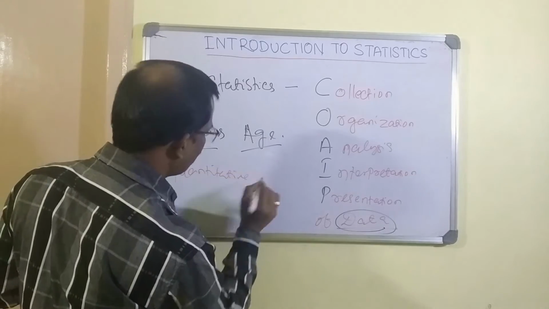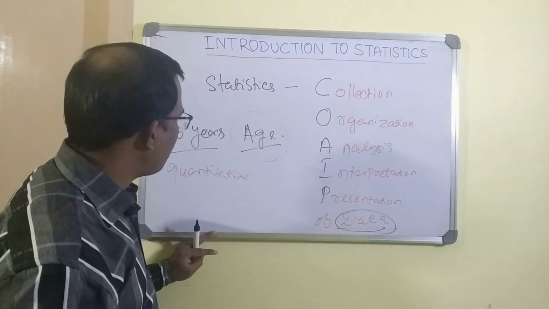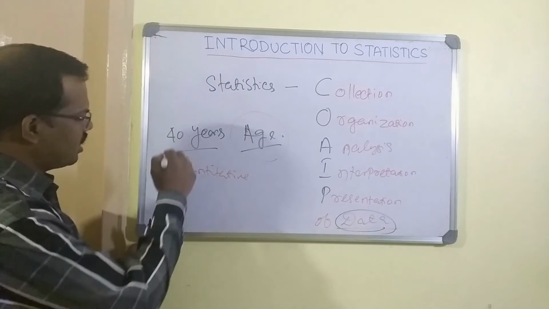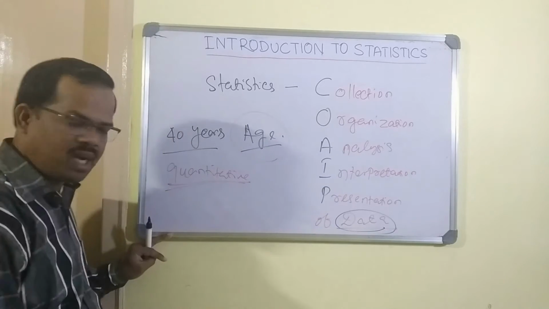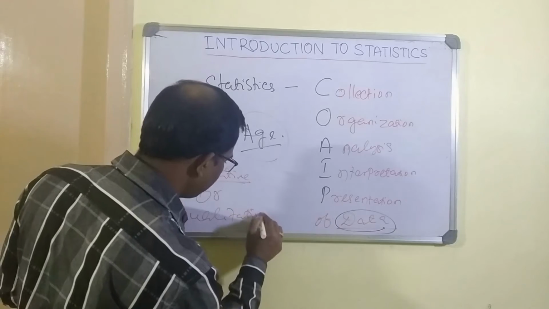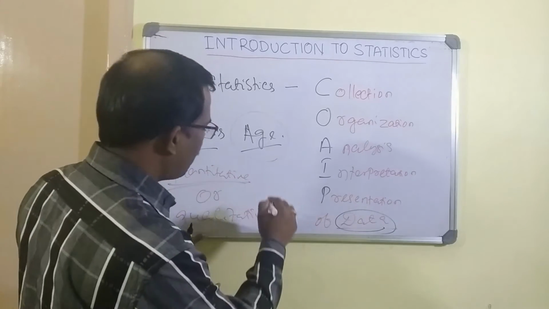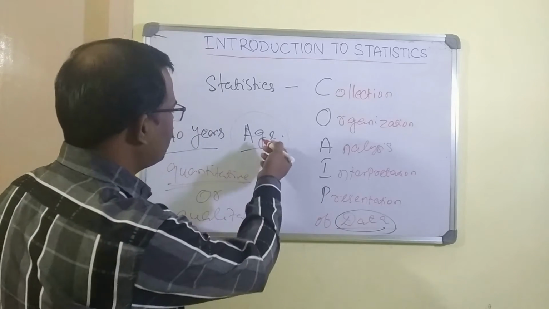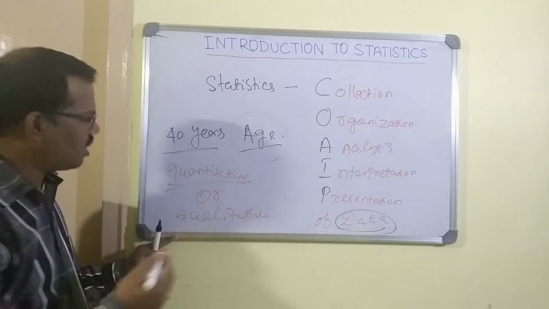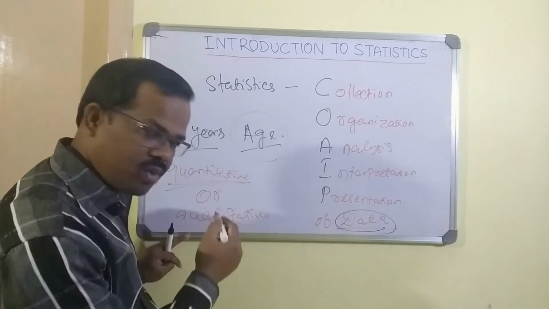My age is the variable that I am interested in. So anything that gives some kind of quantitative or qualitative information about some variable, that variable, let's say it is age, then I am saying 40 years, so this becomes the data. The 40 years becomes the data. And this is a quantitative type of data, right?